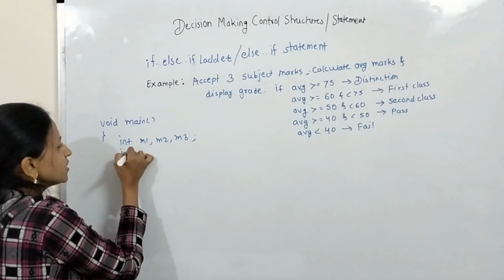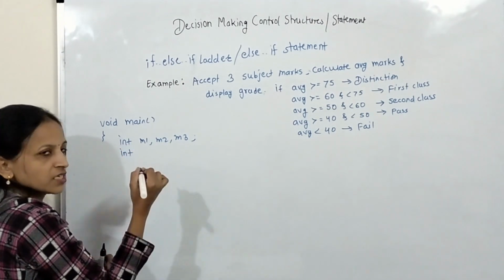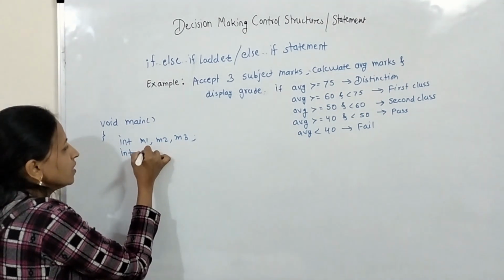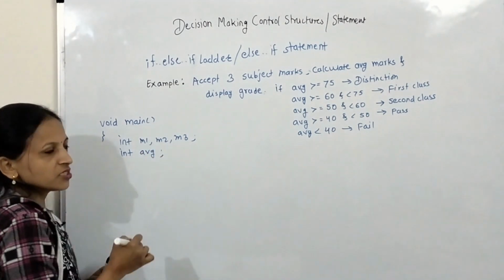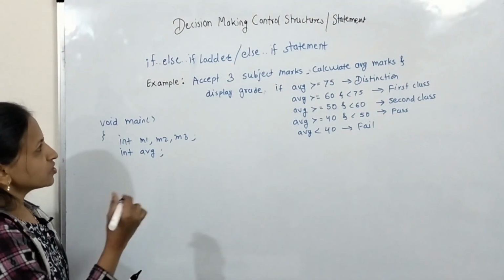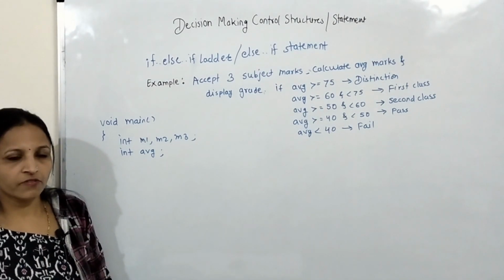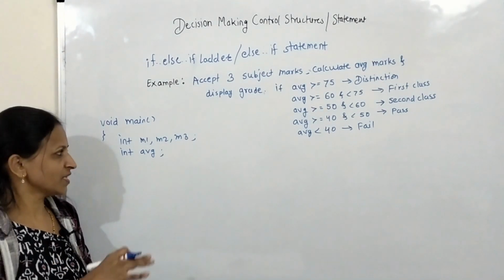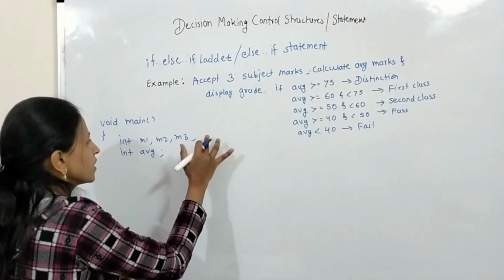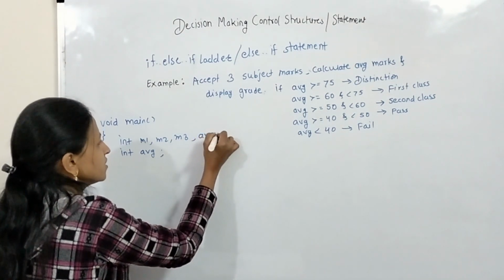Now for average marks we will declare one more integer variable, let it be average. Then we will directly display the grade and not store it inside any variable. That's why these variables are okay.